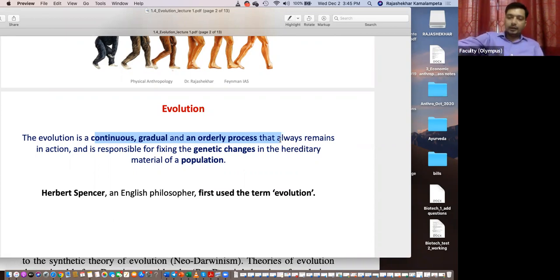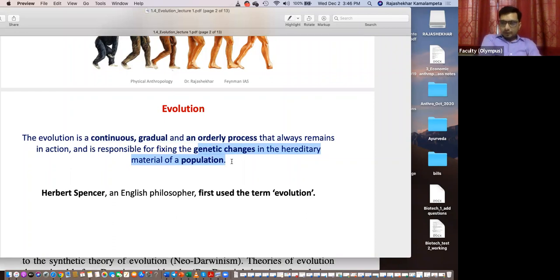As we are speaking about it, it is happening. And it is responsible for fixing the genetic changes in the hereditary material of a population.